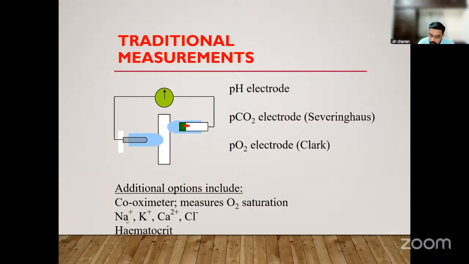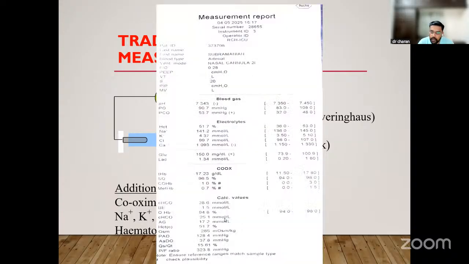And it also measures sodium, potassium, calcium, chloride, and hemoglobin and other things. Some of the recent machines, like the one in our ICU, give so many values. There are a lot of things that can come from a single blood sample.